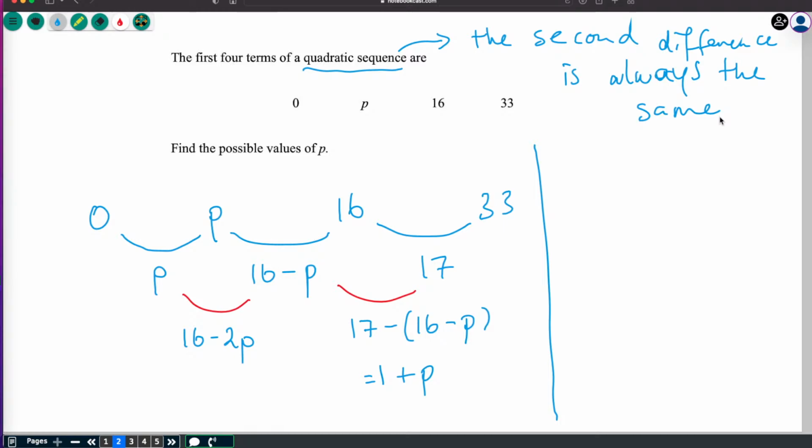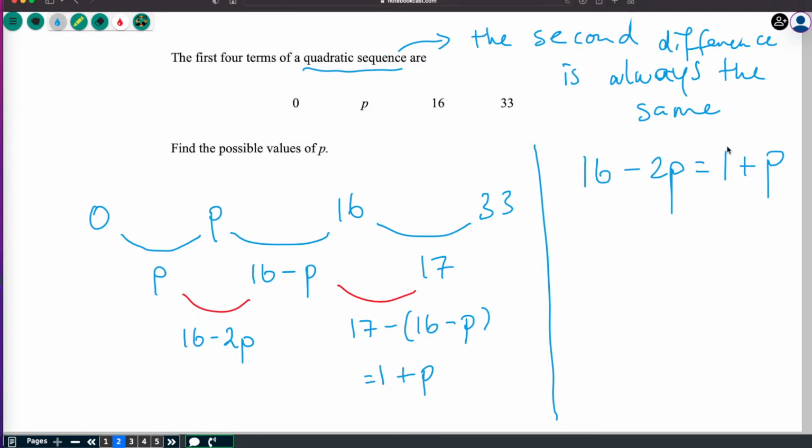Exactly, I think you've got the idea. We want to equate these two second differences. So we can say, because in a quadratic sequence the second difference is always the same, 16 take 2p is equivalent to 1 plus p. This equation is going to allow us to solve for p.